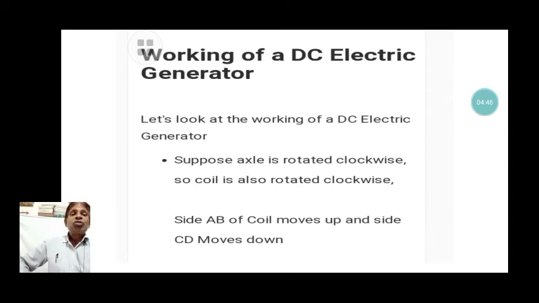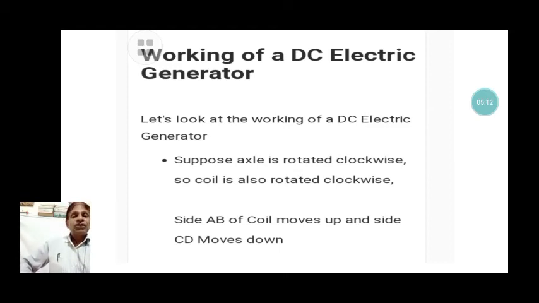Side AB of the coil moves up, as given in the previous video, and side CD of the coil moves down. Now, applying Fleming's right hand rule for side AB and for side CD of the coil.